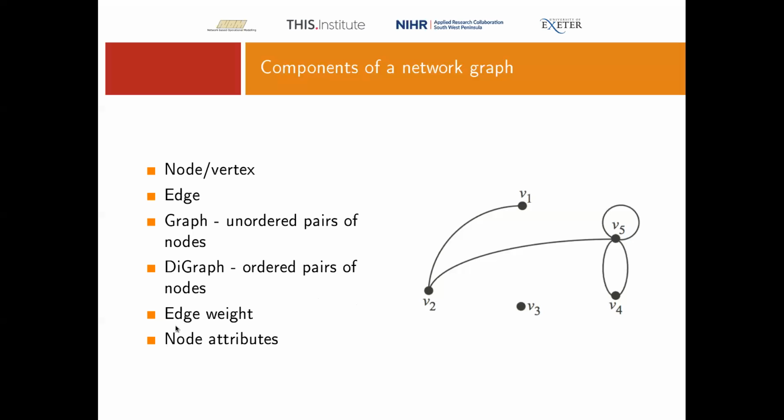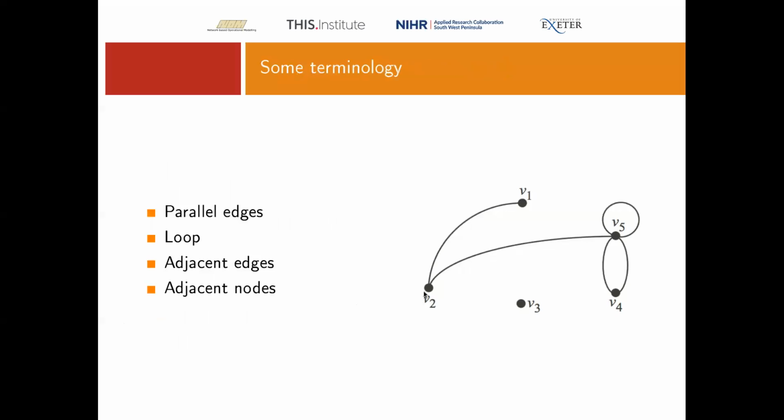And then we get our edge weight, which we discussed, and our different node attributes that can be embedded within the nodes. There are a few different little bits of terminology.